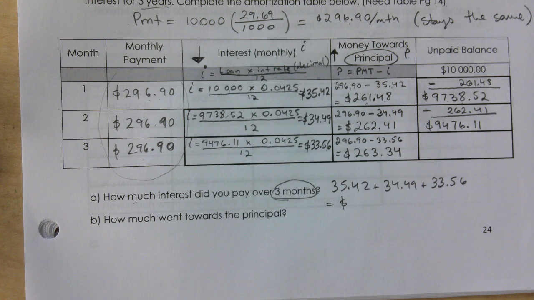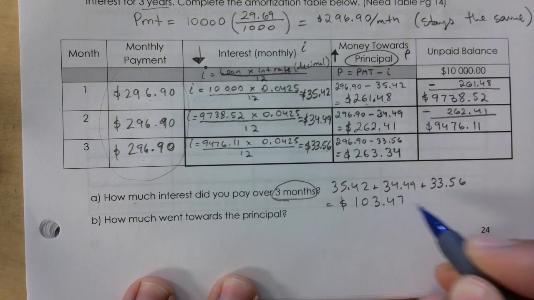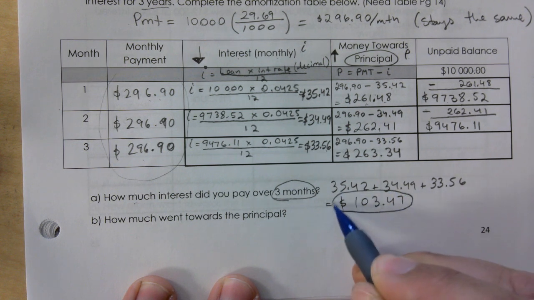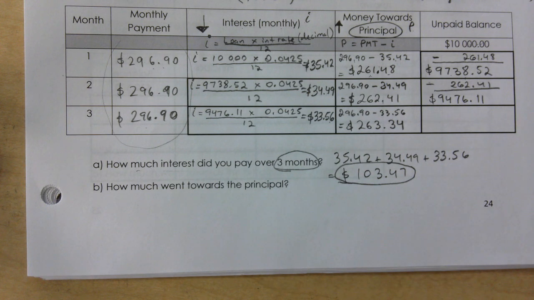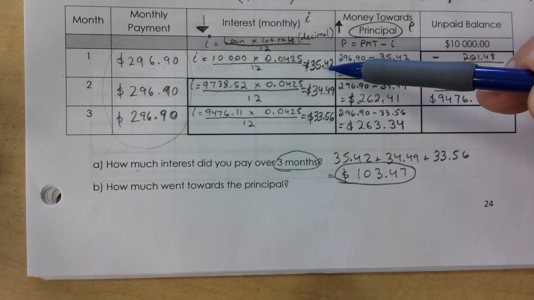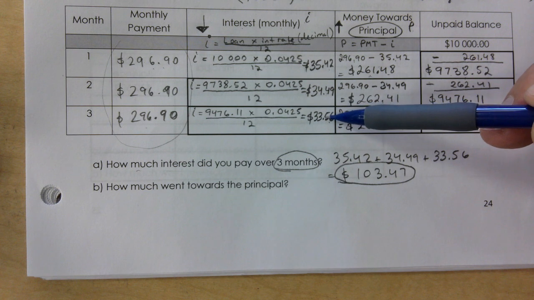I know you're going to go out of here and just talk to your friends about interest, right? Not. Okay, 103.47 total interest over 3 months. Does that make sense? You cannot just say, I see some students going 35.42 times 3. Not accurate, because this changes, right?